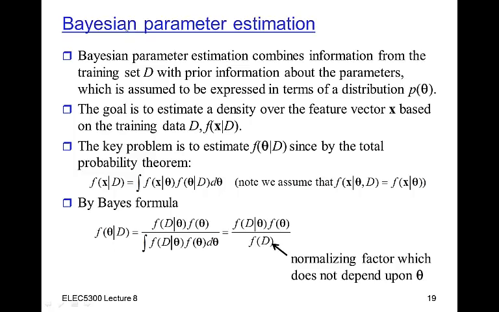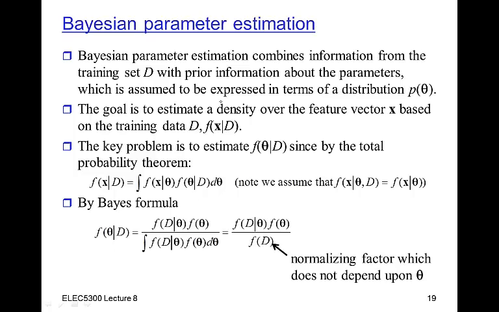P of theta tells us what are the likely values of theta and what are the unlikely values of theta. The goal then is to estimate a density over the feature vector x based on the training data. So we'd like to get the probability density function of x given all the training data and the prior probability distribution over the parameters theta.